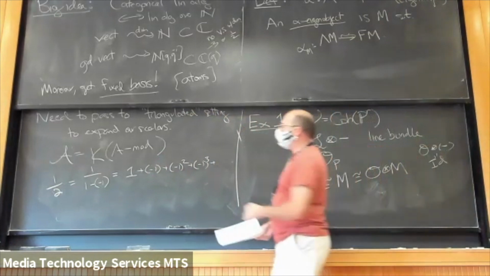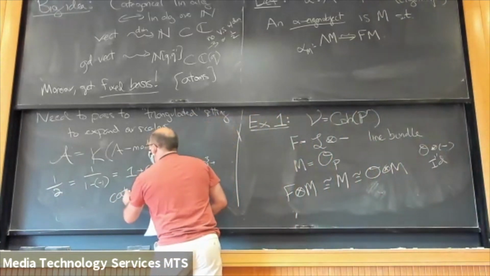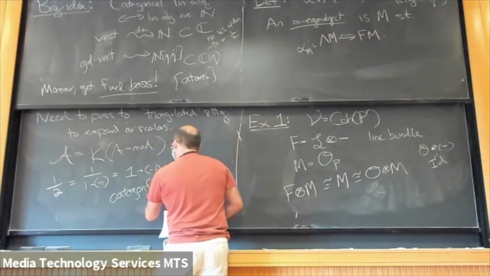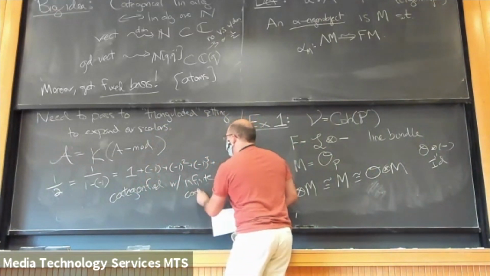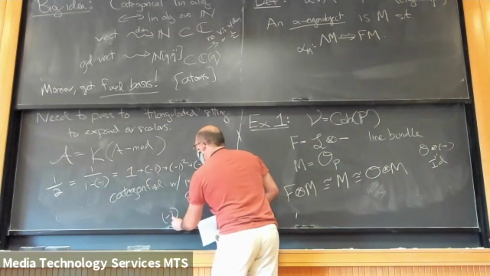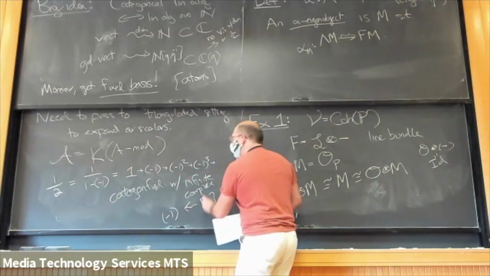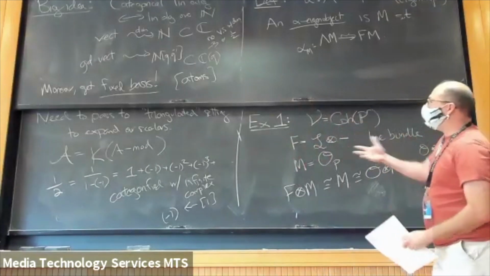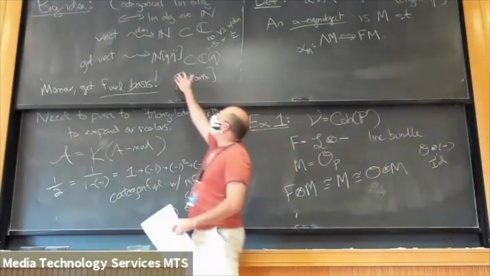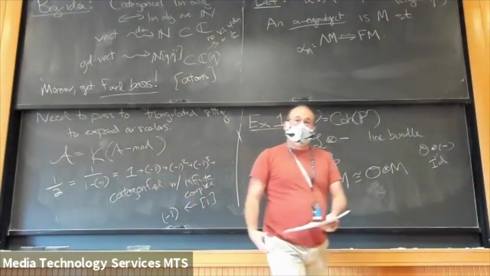But when you categorify this, it can be perfectly sensibly categorified with an infinite complex, where -1 is categorified by a homological shift. And so in this sense, you can take power series in the natural numbers, or power series in this thing, and interpret them sensibly in categorification.